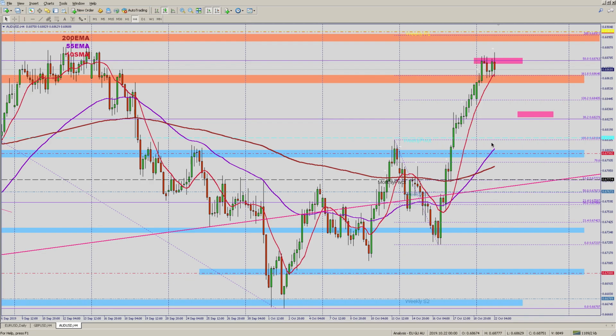So that's going to be the next key support level once these intermediate support zones are hit, if we can retrace that much lower.